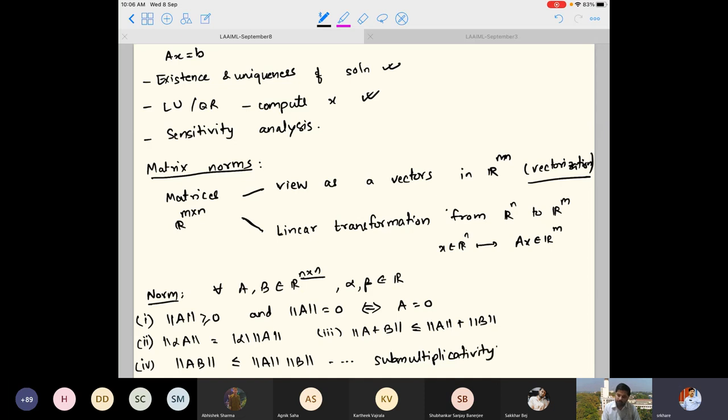Okay, so this is the extra property that gets added, submultiplicativity, and any function from R^(n×n) to R which satisfies these four properties is called a norm function on matrices, right?